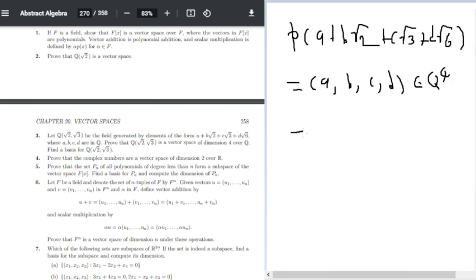So suppose that square root of 2 is equal to A plus C root 3 plus D root 6.